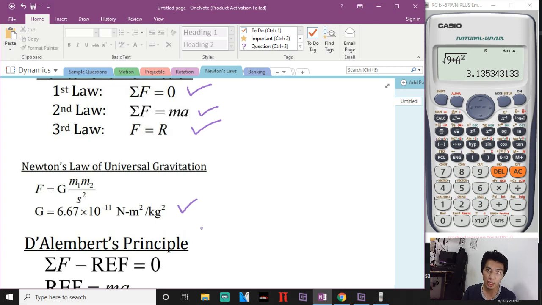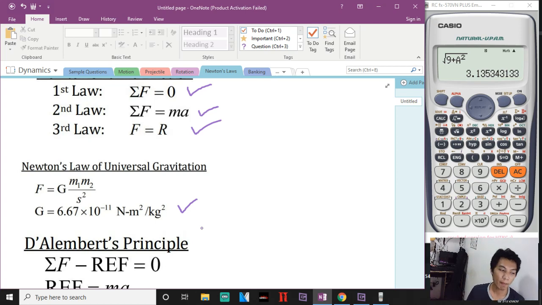Now, you go with the D'Alembert. In the D'Alembert, every motion, meron yang reverse effective force, okay, na na-create. Kumbaga, may moving body or kung nasa elevator kayo, yun na yung nararamdaman nyo when the elevator is pulling up para kayong may nagpo-pull down, that is the reverse effective force.